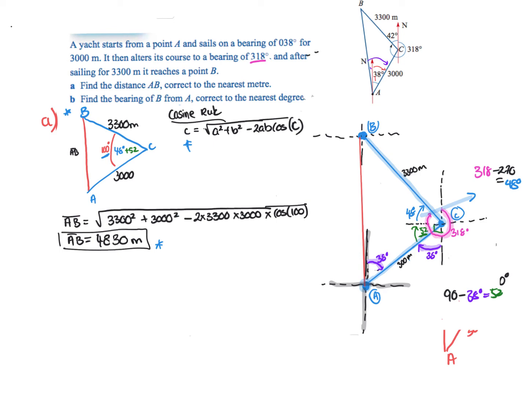So we need to find out this angle in here, which is, I'll do it another color. I'll call it Z. And Z's not the 38, Z's that one in between the line and here, that's Z. Okay, so you're going to have to find that one.